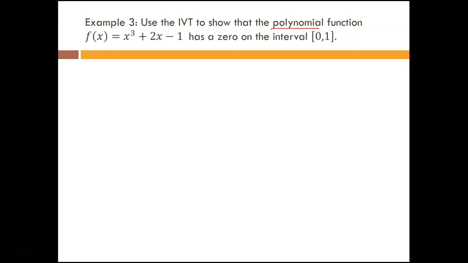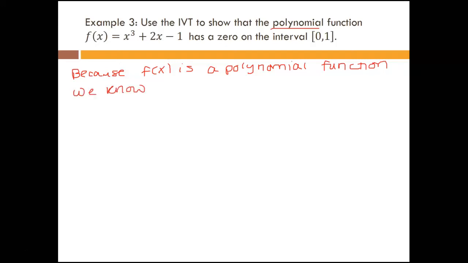So the first thing we're going to say is because f of x is a polynomial function, we know that it is continuous.